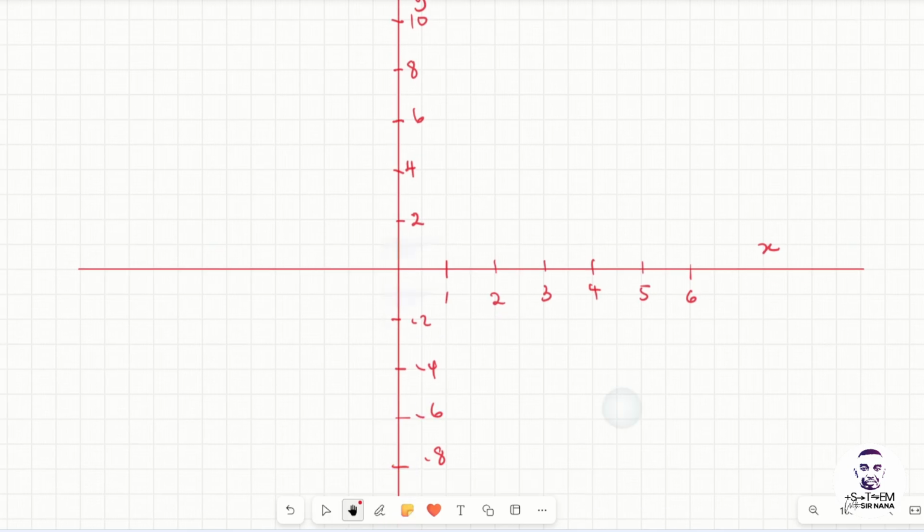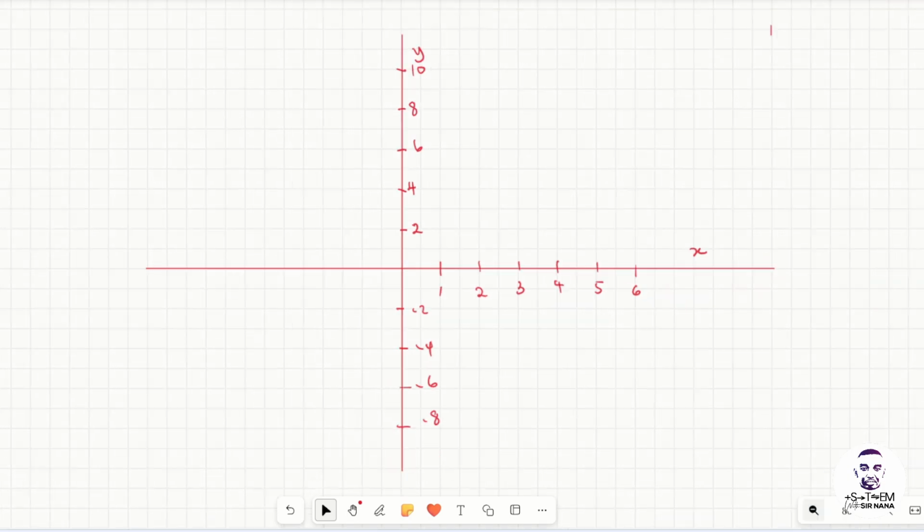Then we can move on to have our negative 10. And then on the other side here, we can have negative 1, negative 2, negative 3, and negative 4.